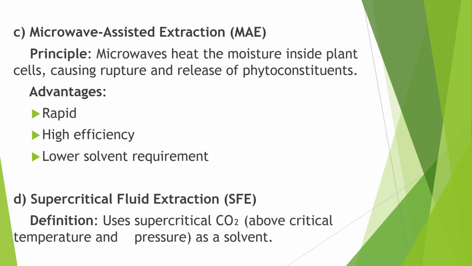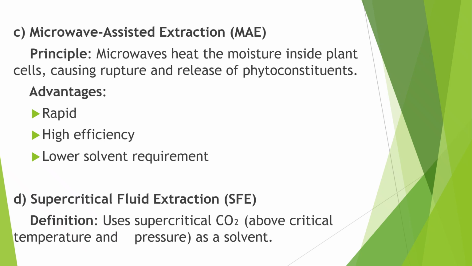So now moving towards the microwave assisted extraction method, in short known as MAE. The principle behind the microwave assisted extraction method is that microwaves heat the moisture inside the plant cells, which causes rupture and release of phytoconstituents. As far as the advantages of the process are concerned, it's rapid, it has high efficiency, it lowers the solvent requirement.